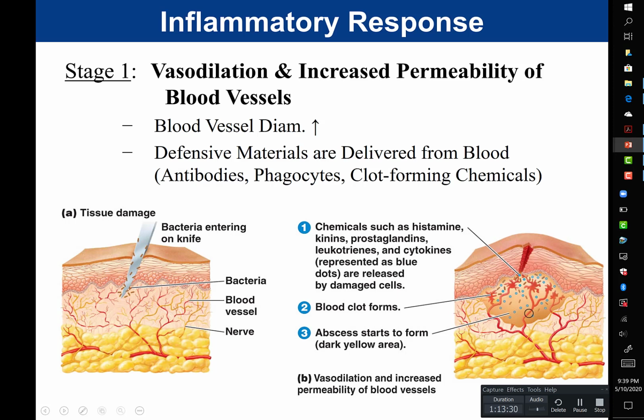Some bacteria are what we call pyogenic: streptococcus, staphylococcus, gonococci, meningococci. These are bacteria that will help stimulate the formation of pus.